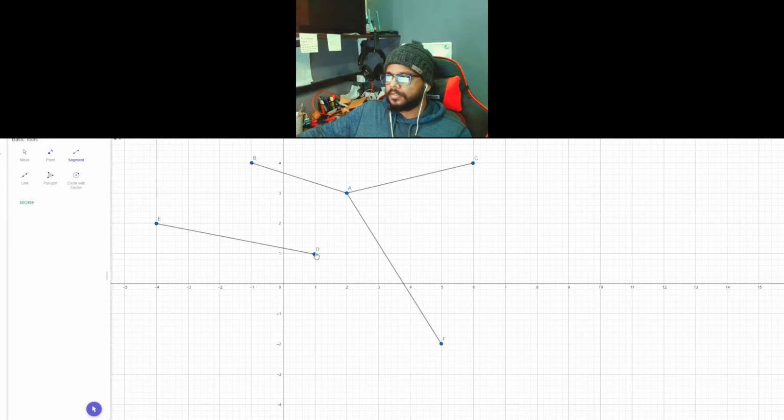If I connect D to C, that's a straight line. D to B, that's another straight line. Yes, Anna, that's correct. So I can draw a number of straight lines here.